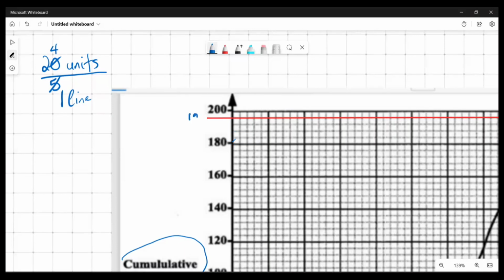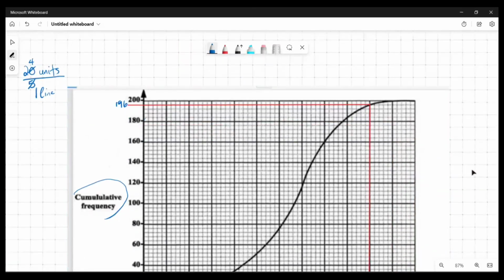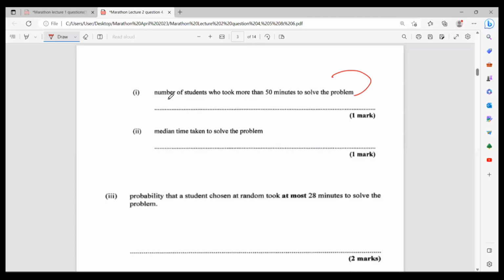This is 196. Guys, that's not the answer, though. That's not the answer. This is where a lot of people make errors. That's 196, but is that the answer? That's a different thing. Let us read the question. The question says, we want to determine the number of students who took more. So 196 is the marker.